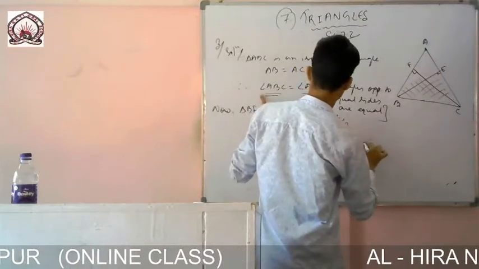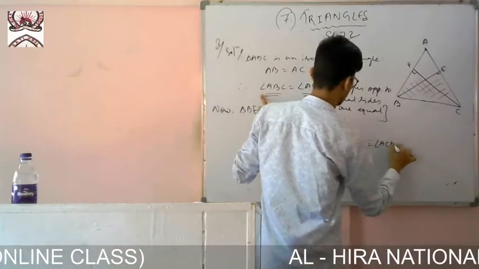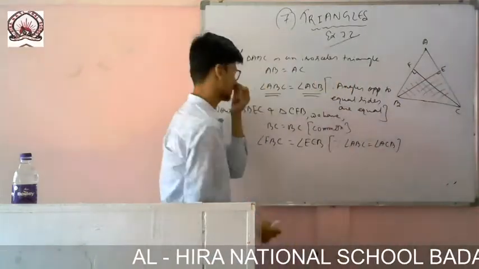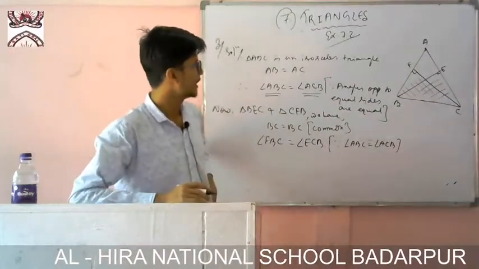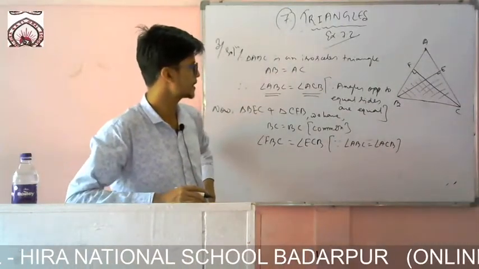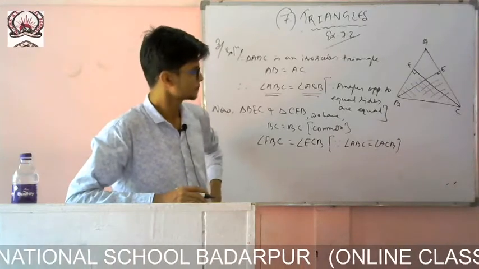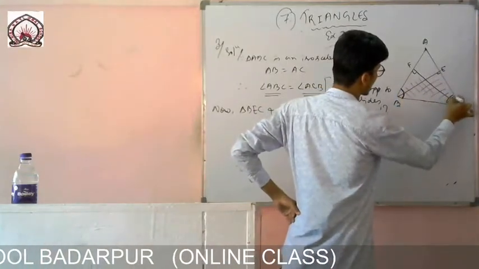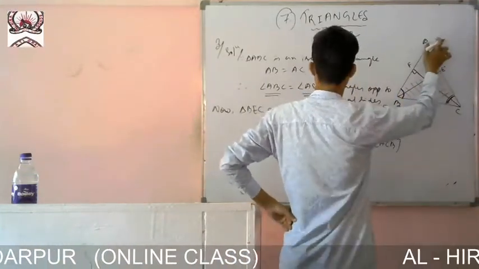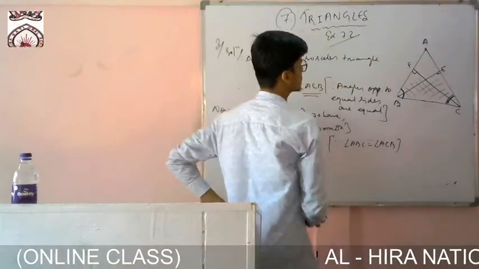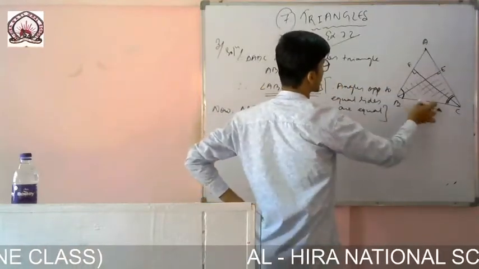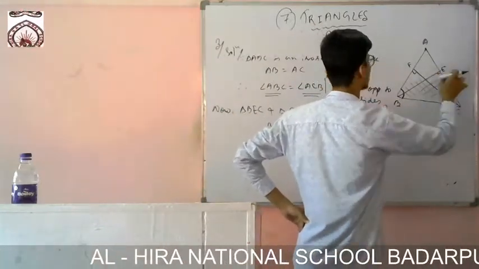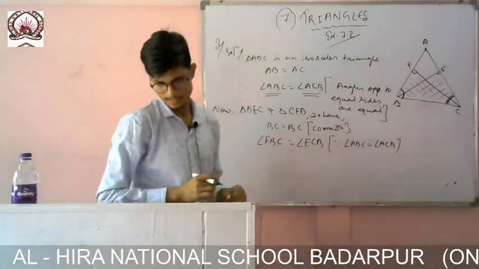Since angle ABC is equal to angle ACB, this whole angle is equal to that one. So if ABC is equal to ACB, then in place of ABC I can write FBC, and in place of ACB I can write ECB.